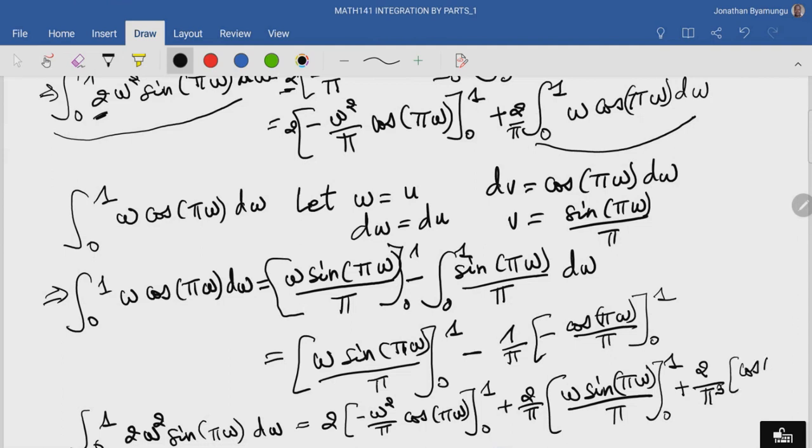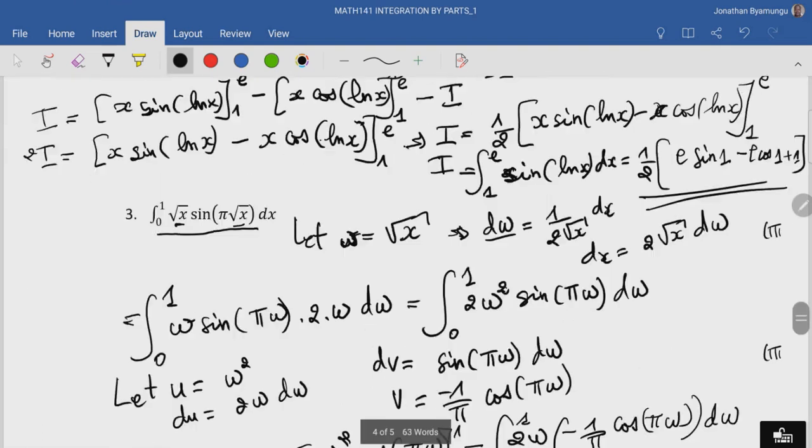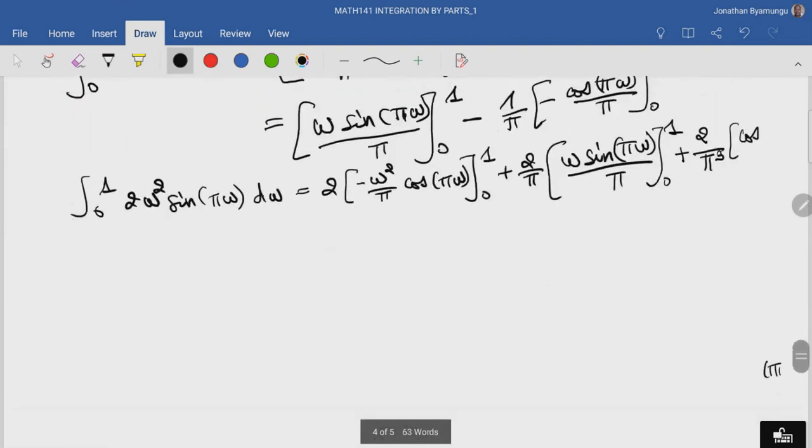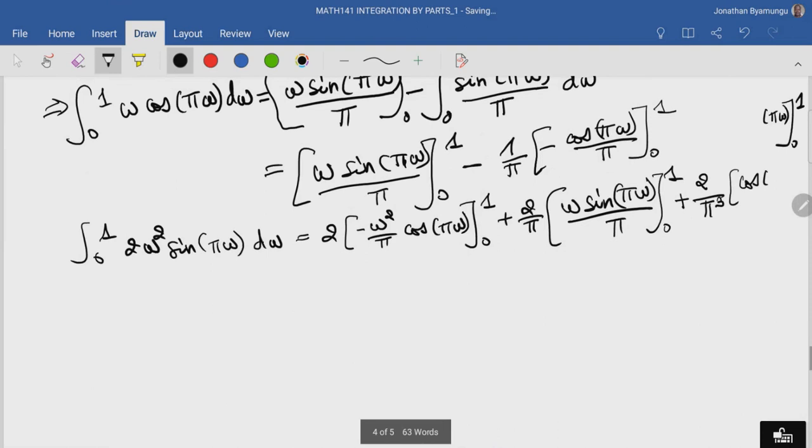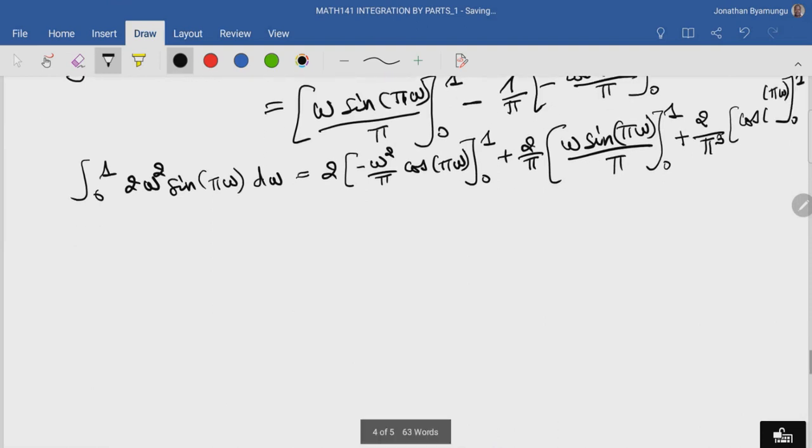Multiplied by cos of pi w evaluated between 0 and 1. Let me just double check that the work is all correct.